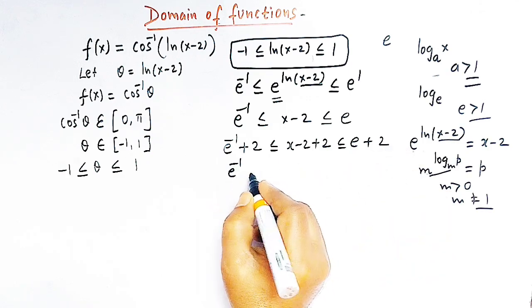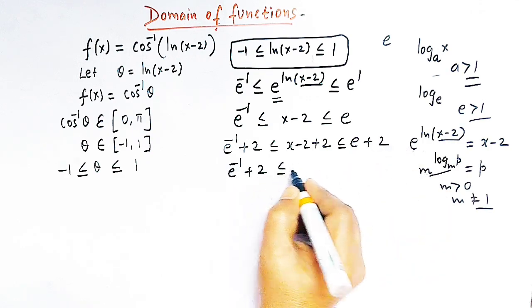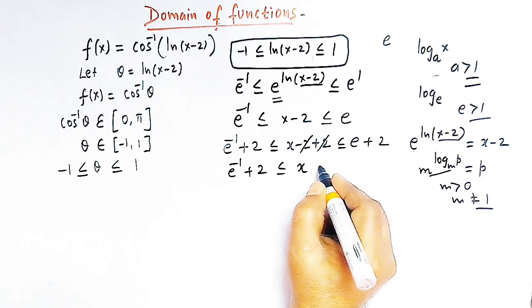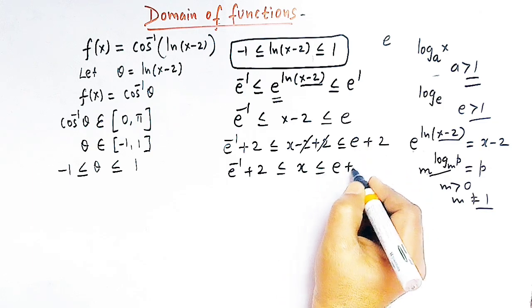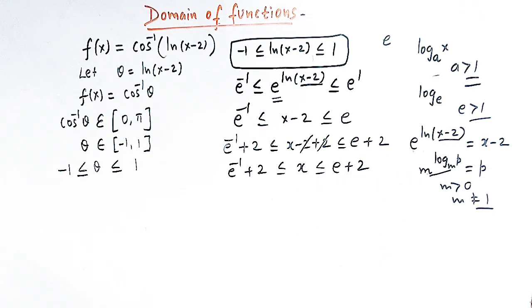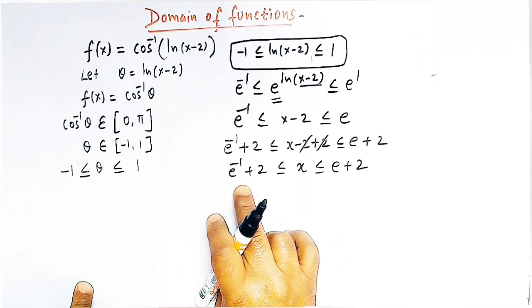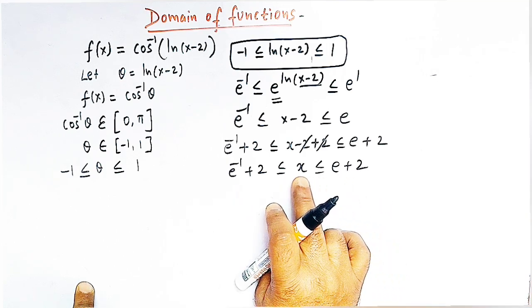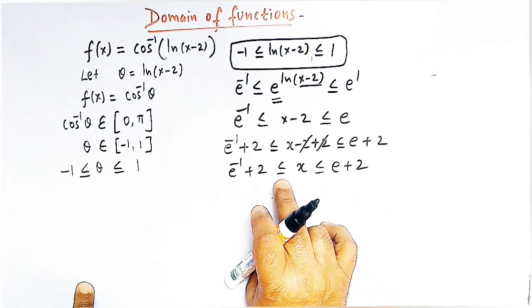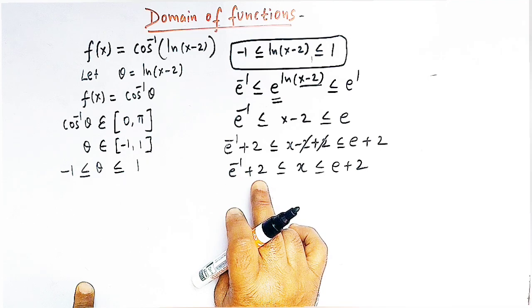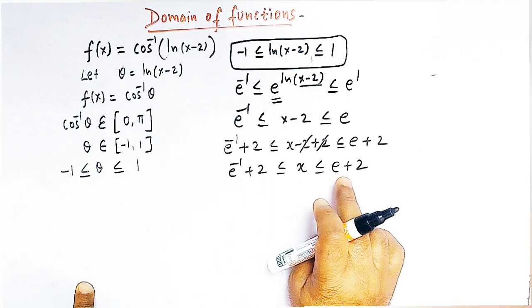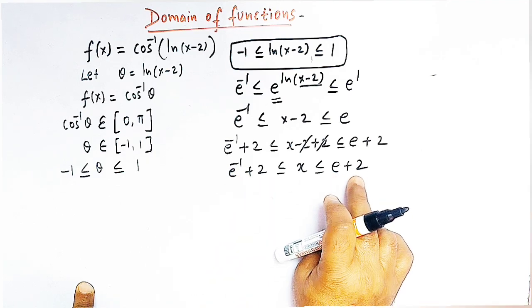So this is e raised to minus 1 plus 2, and here we have x, and here we have e plus 2. Now this inequality suggests that x is greater than or equal to e raised to minus 1 plus 2, but less than or equal to e plus 2, right?